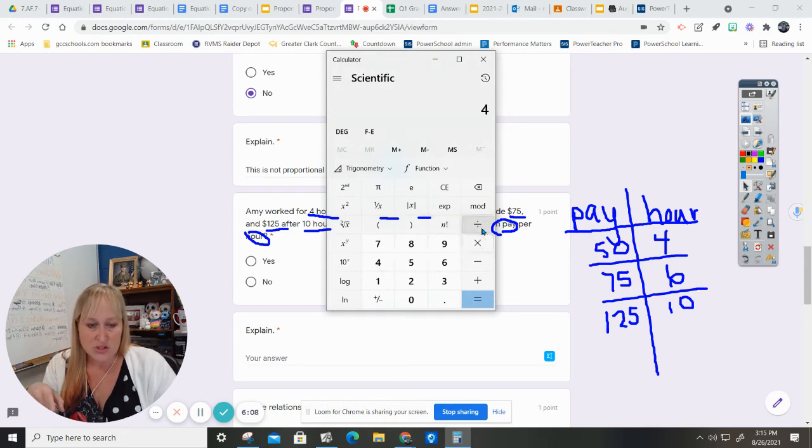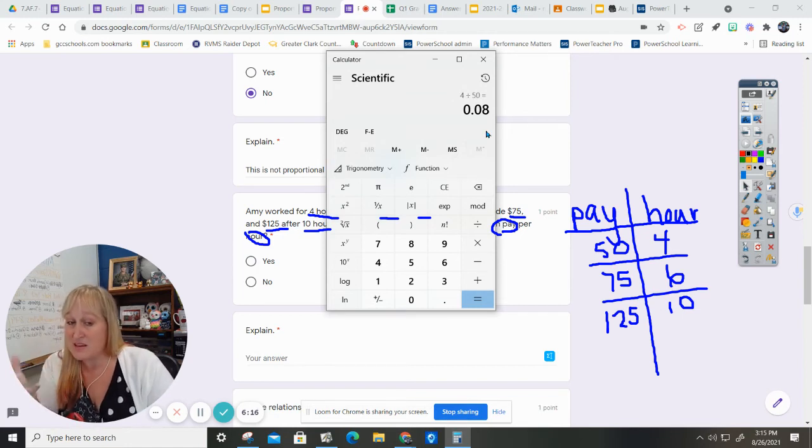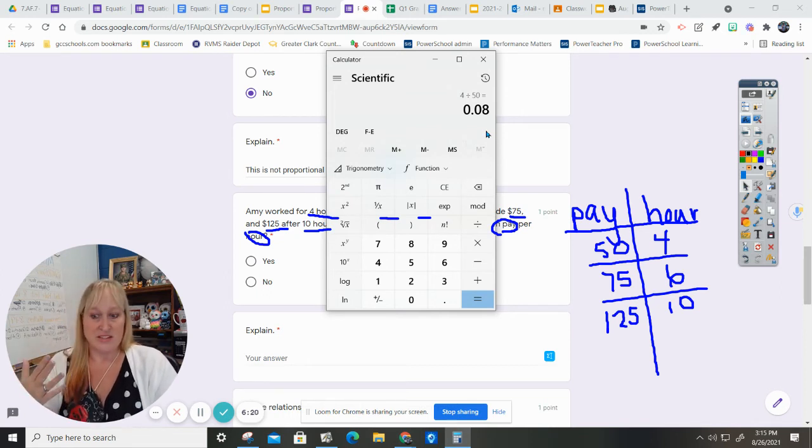If I did 4 divided by 50, that tells me I make 8 cents an hour. So that's supposed to be reasoning. I'm not going to work for 8 cents an hour. So let's try flipping it the other way and dividing 50 by 4. So 50 divided by 4 is $12.50. So $12.50 an hour for this one.